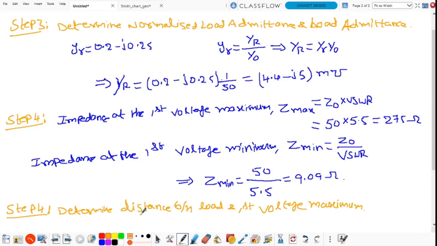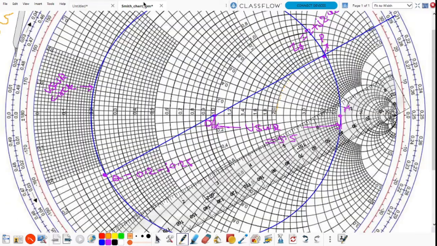From this Smith chart, the first voltage maximum from the load lies along the horizontal axis to the right side end of the chart. This is the left side end of the Smith chart, and this is the right side end. So that is point B. This right side end of the Smith chart is considered as point B.